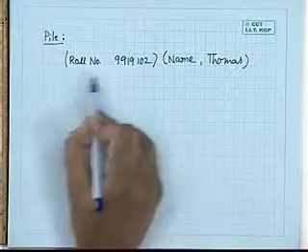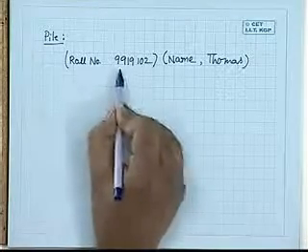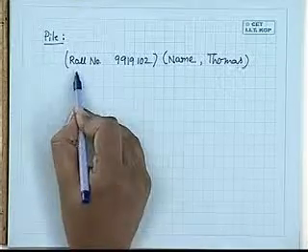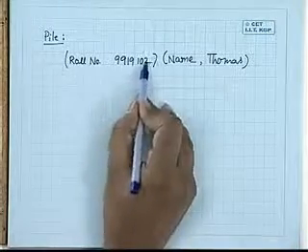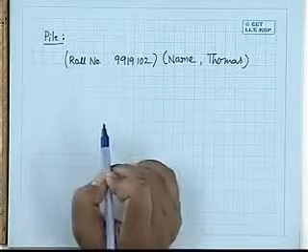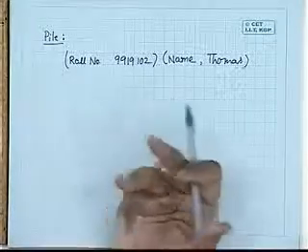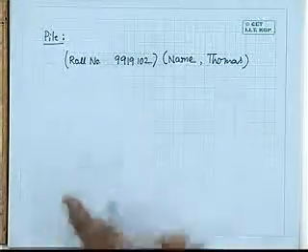So along with the value of the attribute, I also have to put the name of the attribute. Then only I can find out that this is the roll number, this is not the name. Okay? So that is a disadvantage of pile. However, this is needed only for data collection and storage, and later on some processing will be done on this to put them in a proper form.